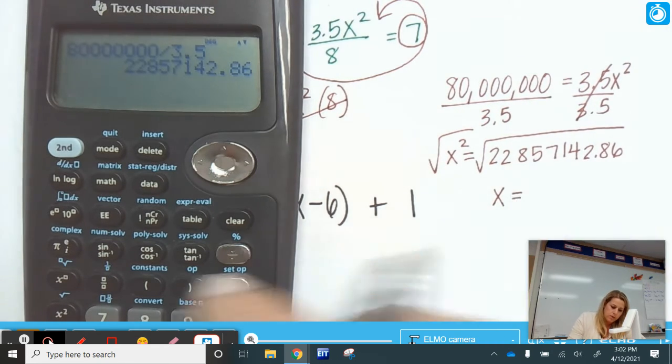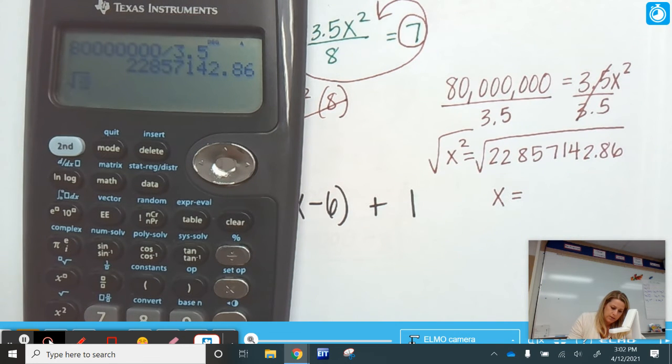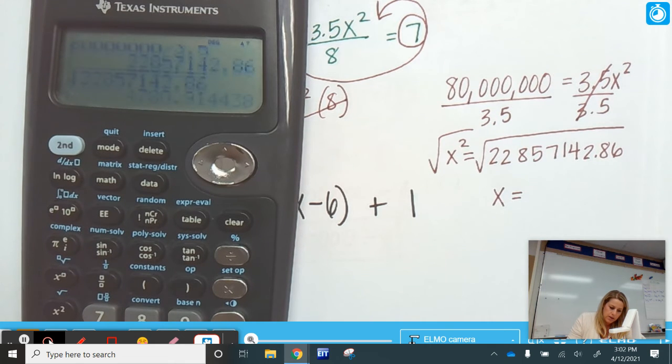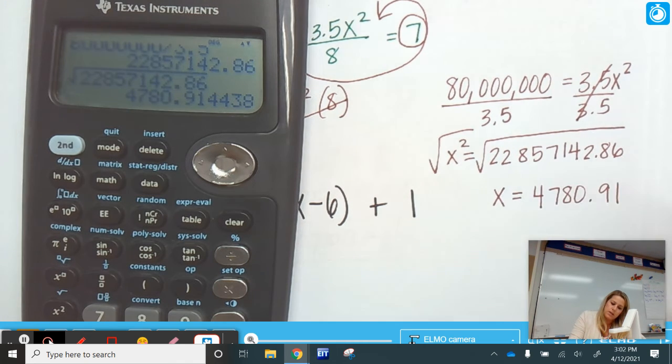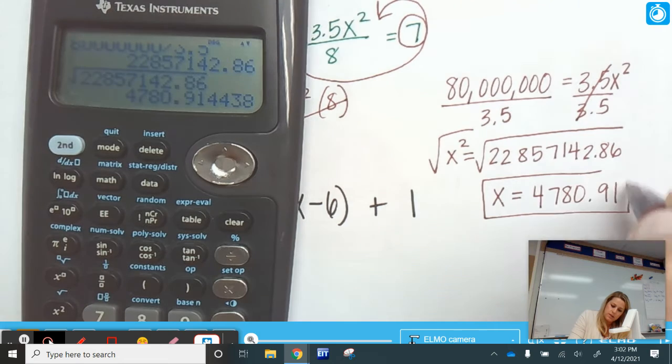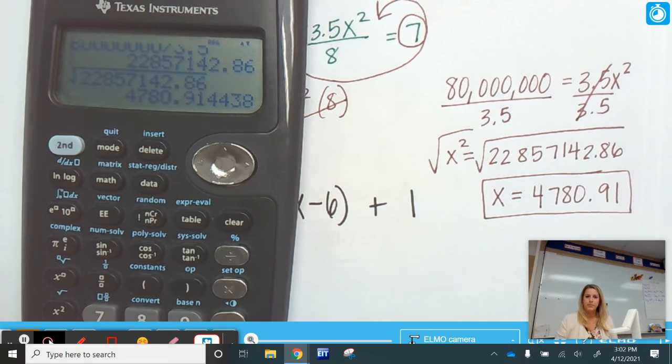So x equals the square root of 2, 2, 8, 5, 7, 142.86, which equals 4, 7, 8, 0 point, we'll round to the nearest hundredths. There we go.